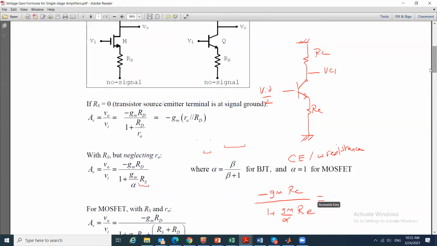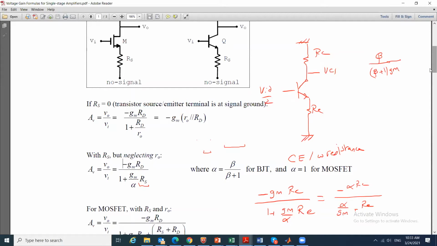I'm going to multiply by alpha over GM. So here it becomes minus alpha RC over alpha over GM plus RE. Now alpha is beta over beta plus 1, and GM R pi is equal to beta, right?